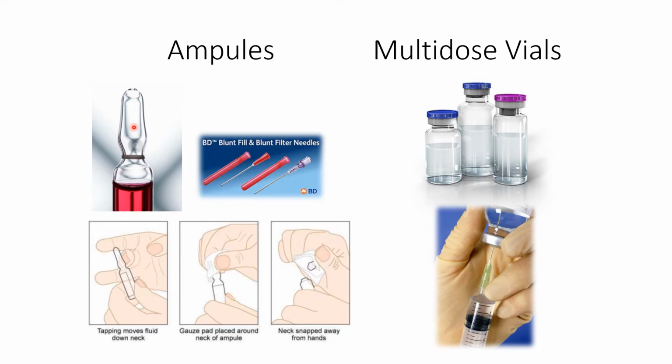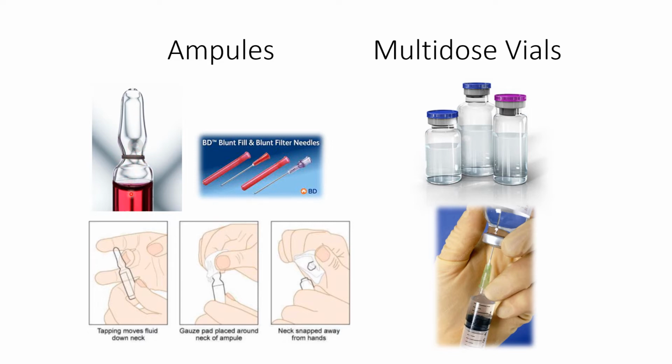Then, with the protection of a gauze, something clean, we break it, moving the neck away from you, and then the rim, that is the hole that is left there, should not be considered sterile. Inside is sterile, but outside is not sterile.